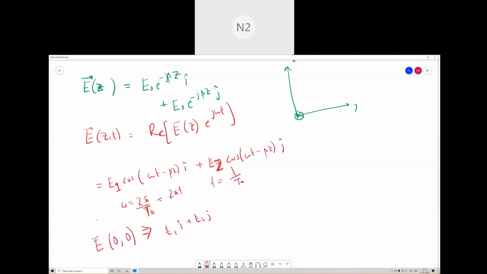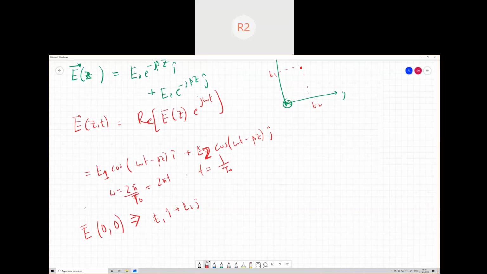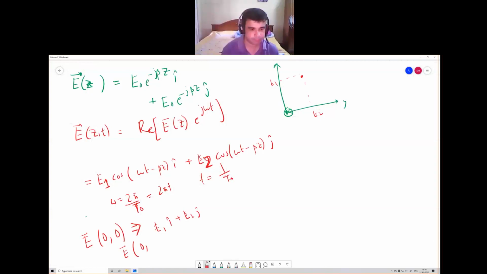Somewhere here, where this is my E1 and this is my E2, it will be this point on our coordinates. Do you agree? What will be this?